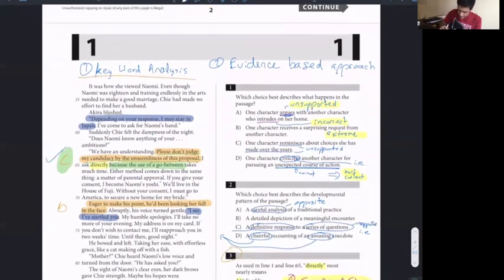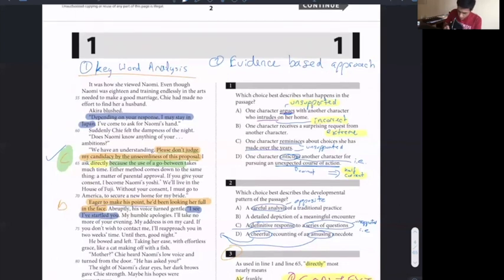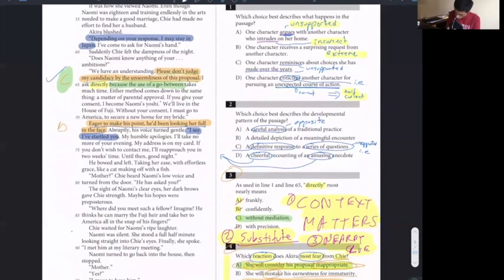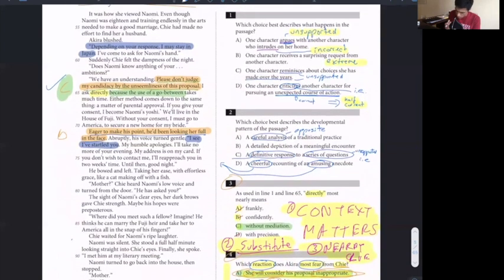And if we go to D, "eager to make his point, he'd been looking her full in the face." What type of answer is this? I think this is half correct, or even unrelated. Again, there's nothing about fear here.